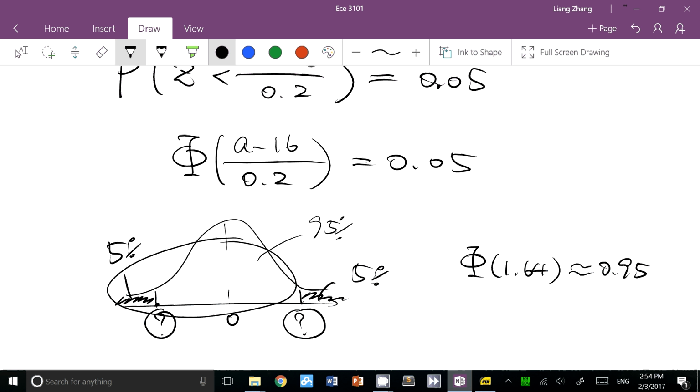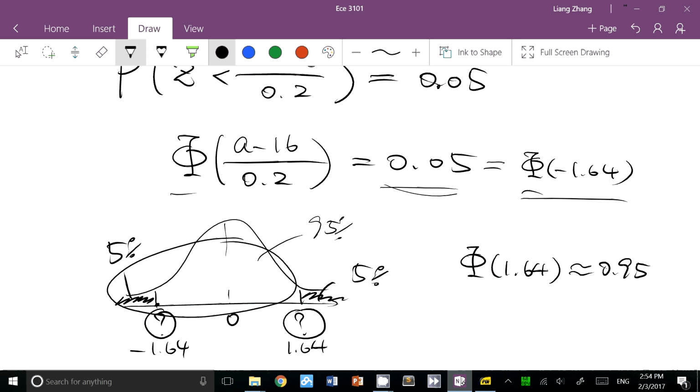Meaning if this point is 1.64, then down the right hand side I have this 5%. And for the left hand side I just have to flip the sign because it's symmetric with respect to the center. So phi of negative 1.64 should be approximately equal to 5%, or 0.05. Now we have the same function phi with the same result. The only possible way for this to happen is that the arguments are equal to each other.